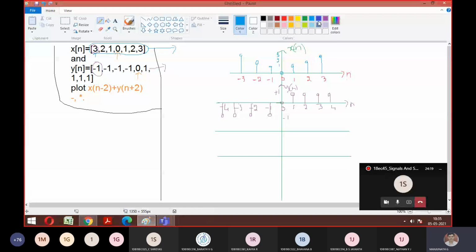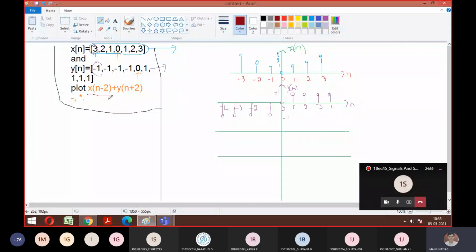So what is the next thing we should do, guys? What have they asked? Look at the question. They have asked n-2. So if we want to do x of n-2, what is the procedure? How to plot n-2? Delay. This is a concept called time shifting.